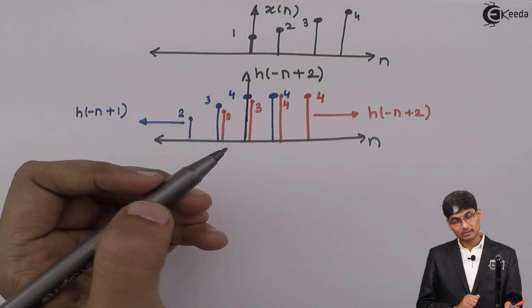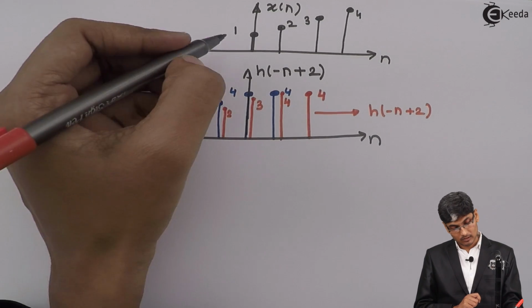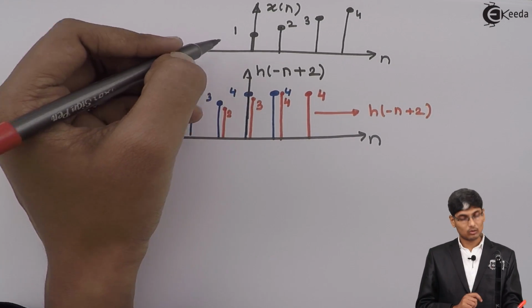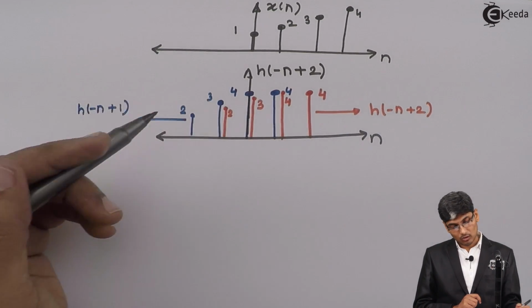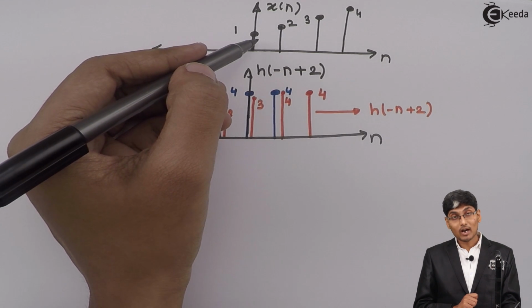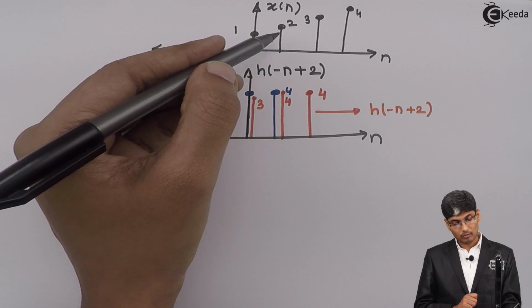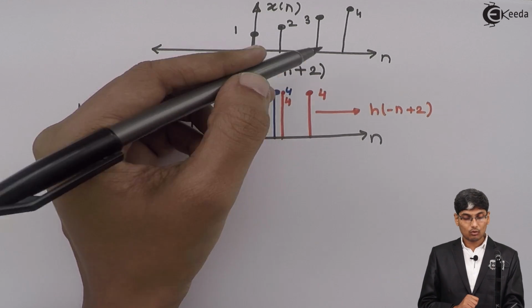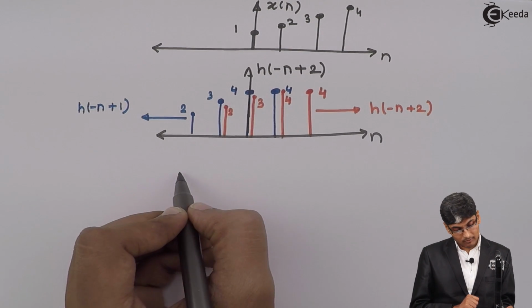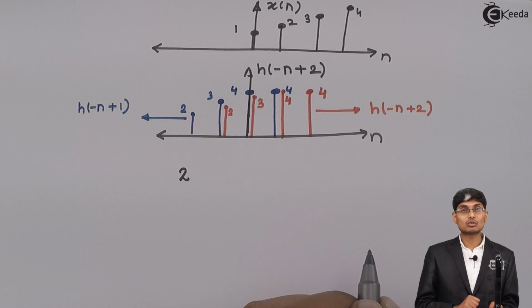Therefore, now see the overlap with the red and black. 2 overlapped with 0 will go to 0, 3 overlapped with 1 now, 4 overlapped with 2, and 4 overlapped with 3. So I have 2 overlapped with 1, it's 2.